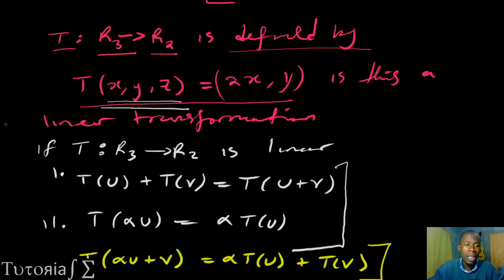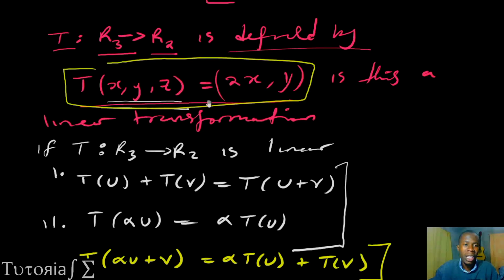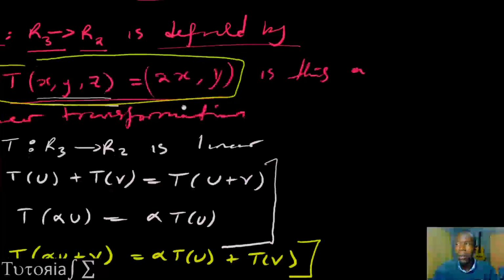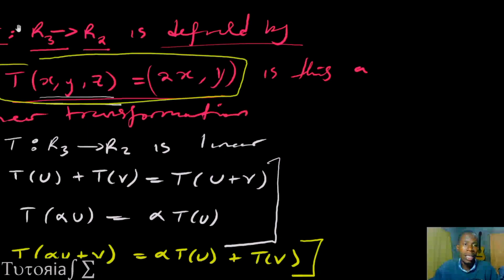So let's determine if this transformation is linear. First of all, we're going to get two vectors in 3 dimensions. The first vector here represents the object, and what is produced here is the image.